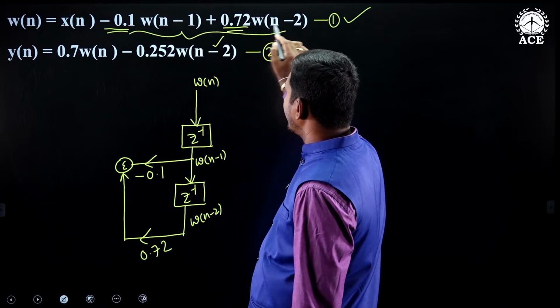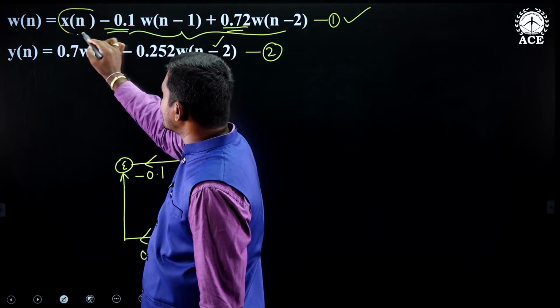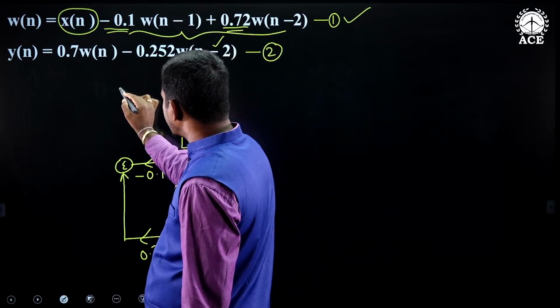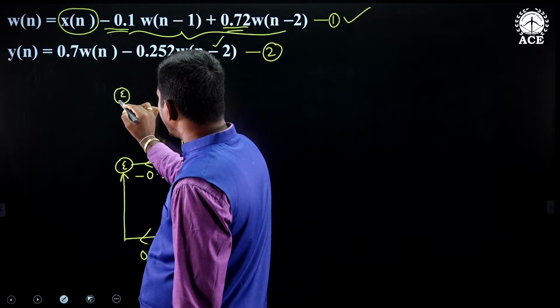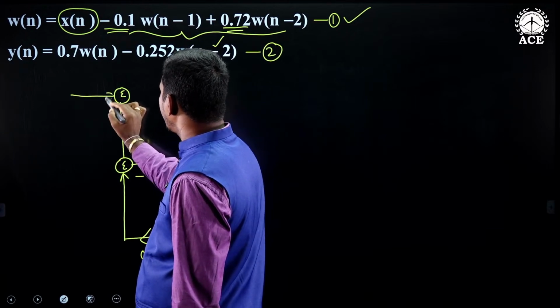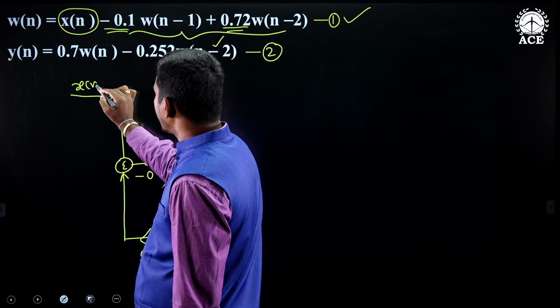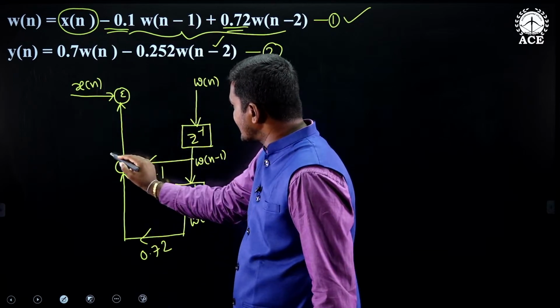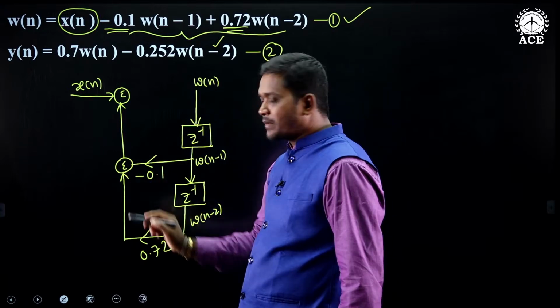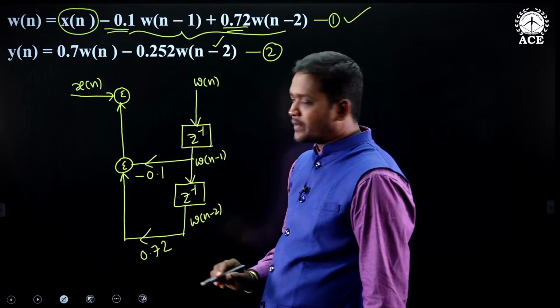This part is completed. And for this, what is the thing we need to add? X of n. So for that, I am taking one more summer here and adding x of n to this one. From this summer, what are you getting? Minus 0.1 W of n minus 1 plus 0.72 W of n minus 2.